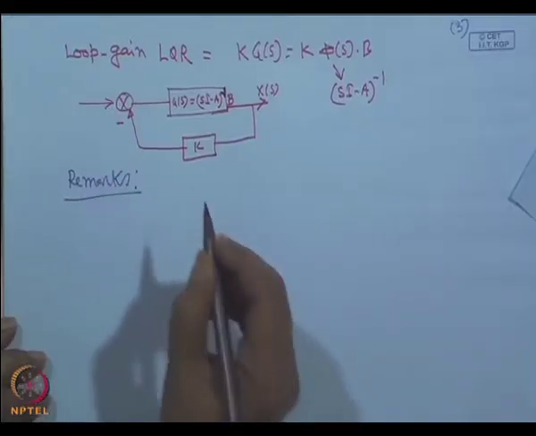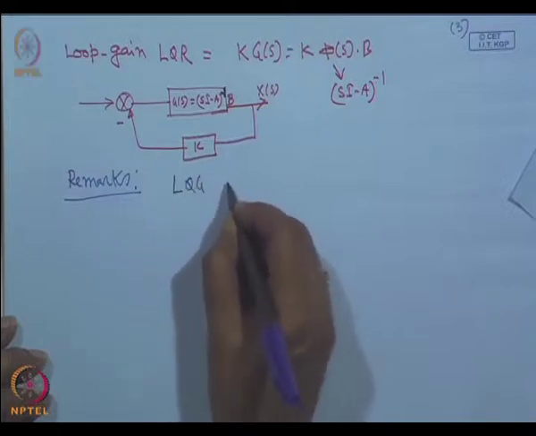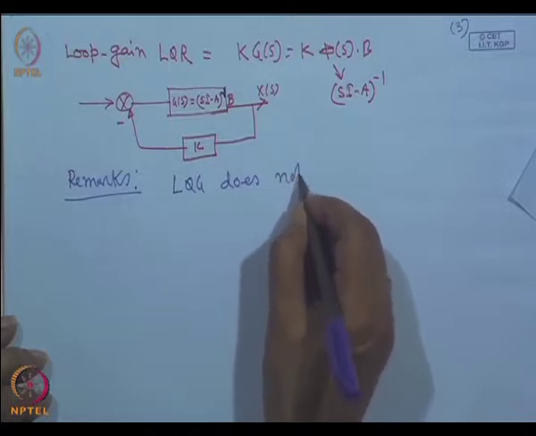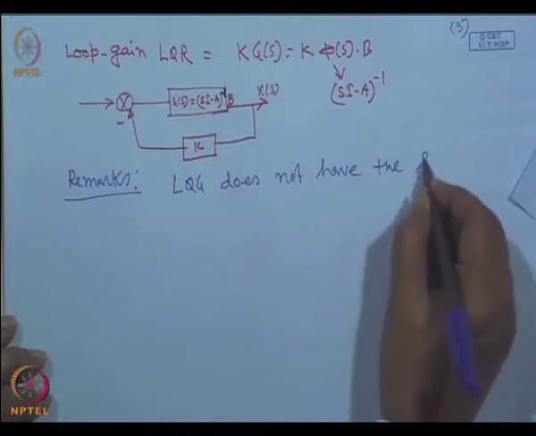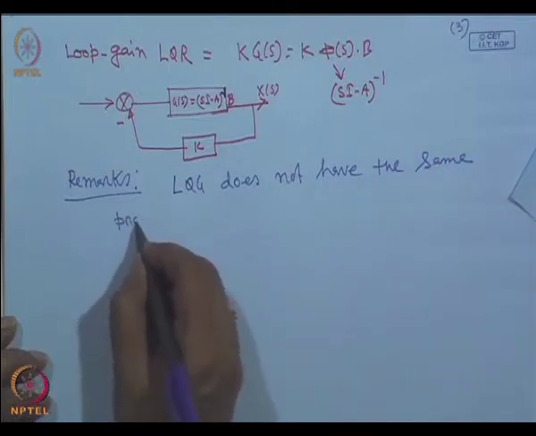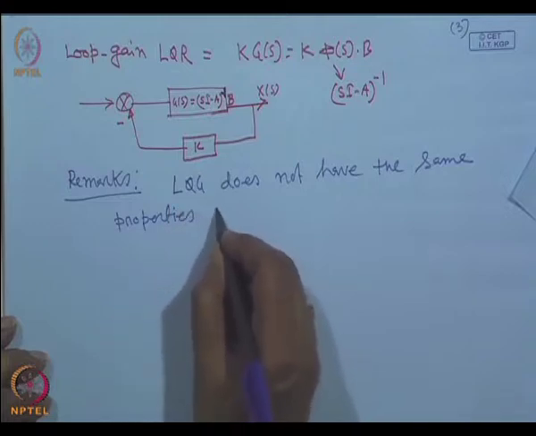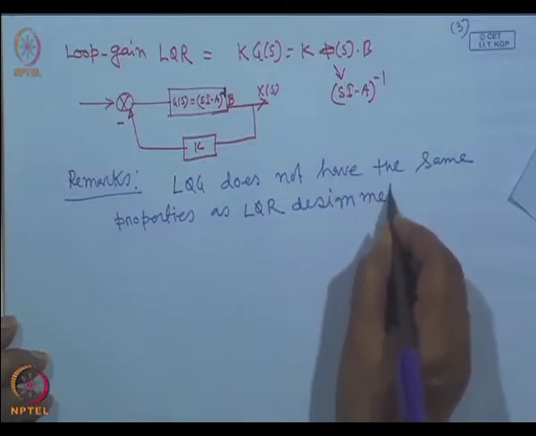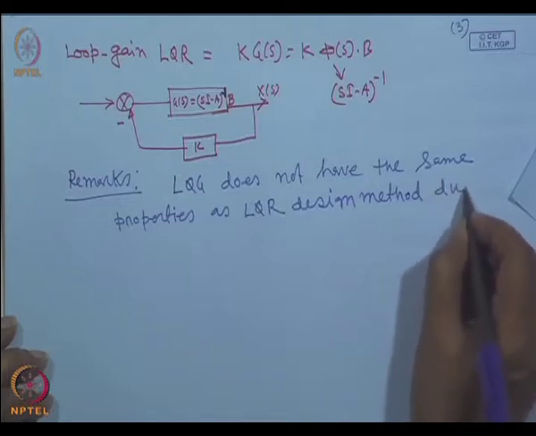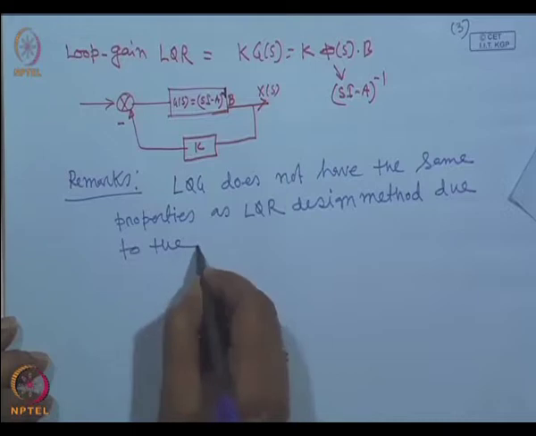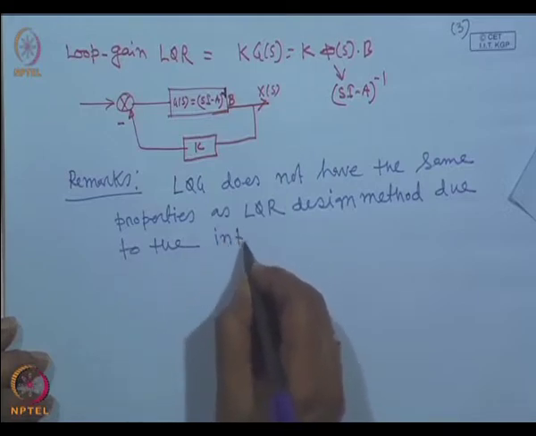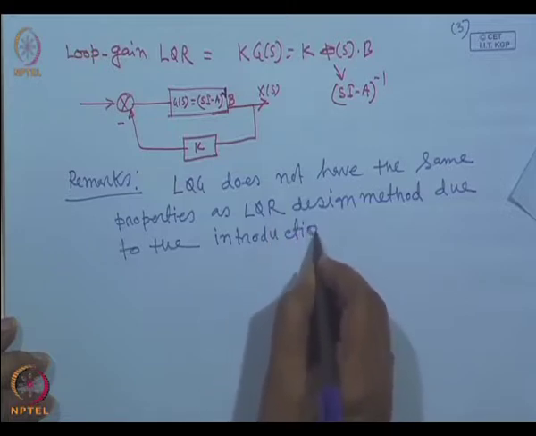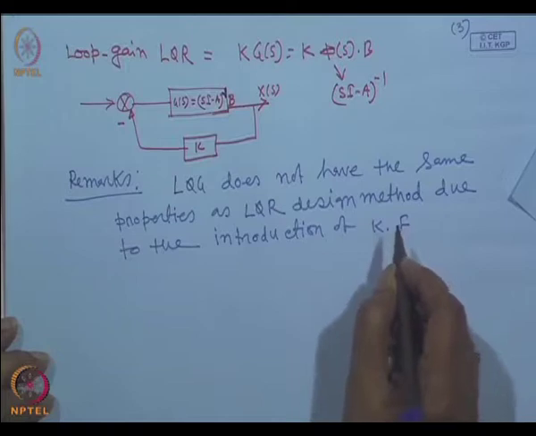So, remarks. First, LQG does not have the same properties as the LQR design method, due to the introduction of the Kalman filter, because the loop gain is different and that part is coming additional.